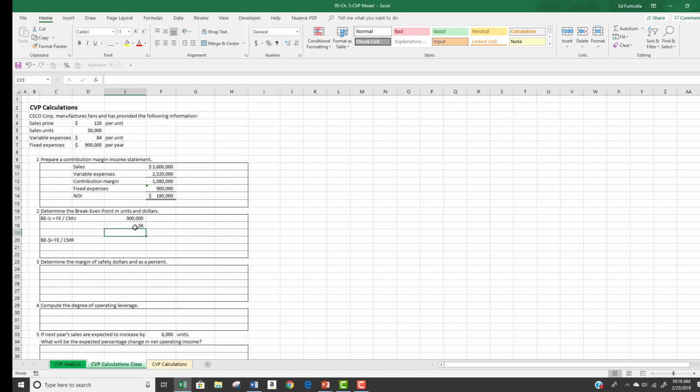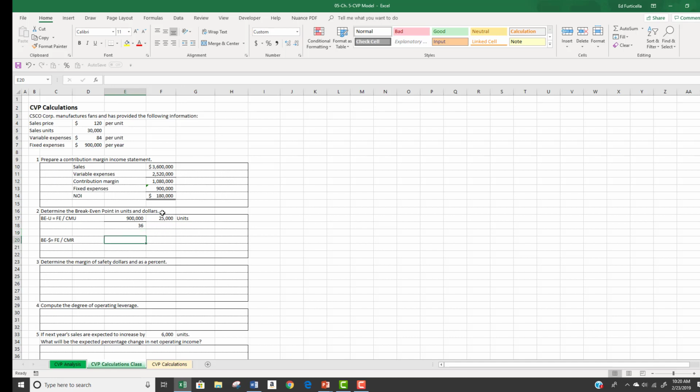So my contribution margin per unit, $36. I'm going to put a single line here to show that I'm dividing. I'm going to divide the 900,000 by $36, and I'm going to get 25,000 units. In other words, I need to sell 25,000 units in order to break even.